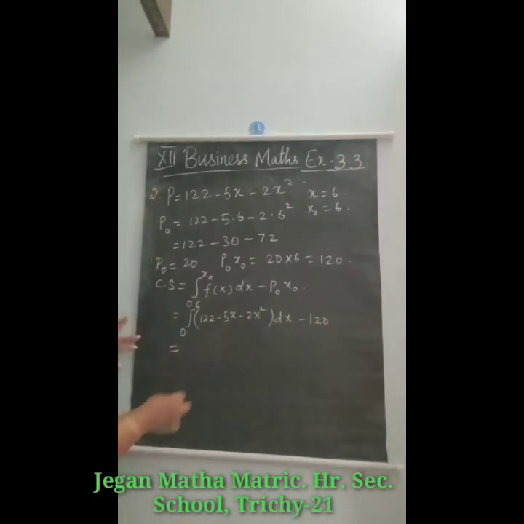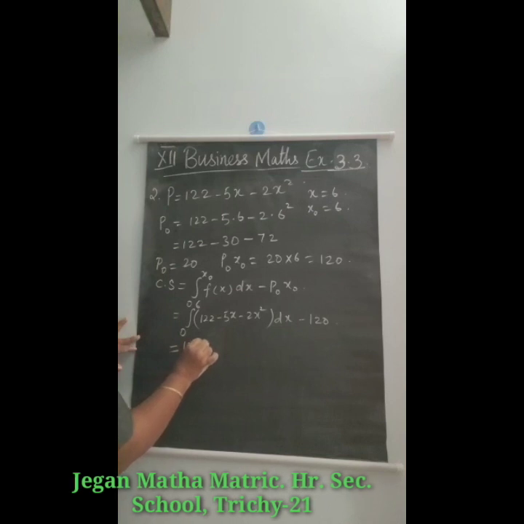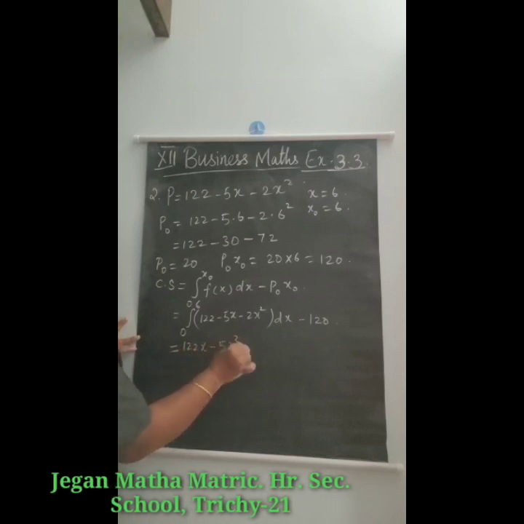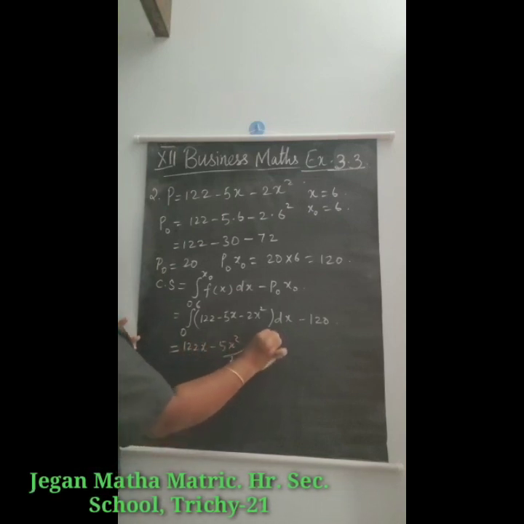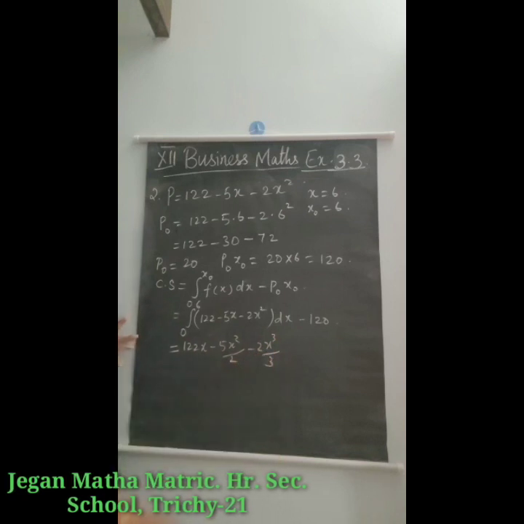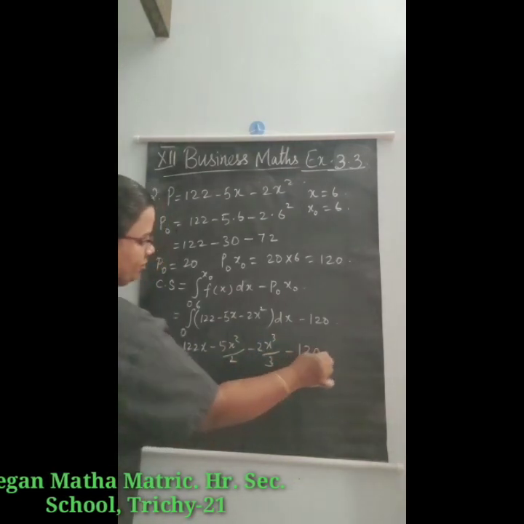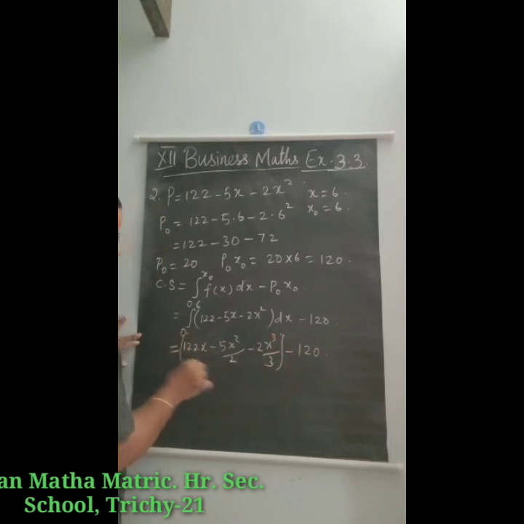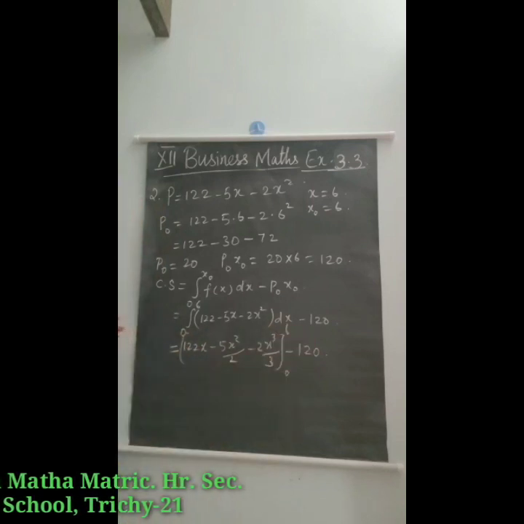So that is equal to 122x minus 5x squared by 2 minus 2x cubed by 3, minus 120. This is the limit value of 0 to 6.